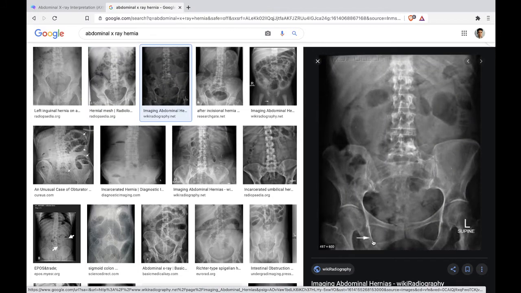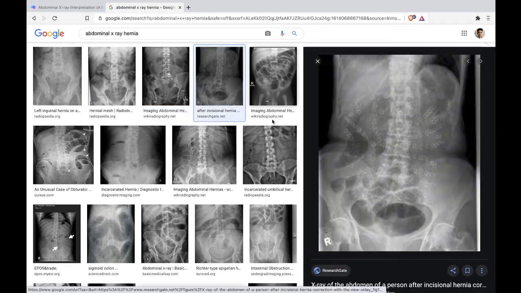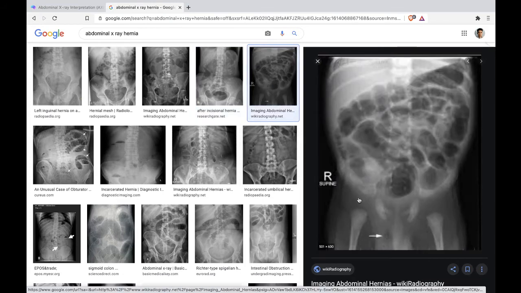Is it here? Can't really see much here. What is going on here? Okay, it's like a small bubble in the scrotal area.